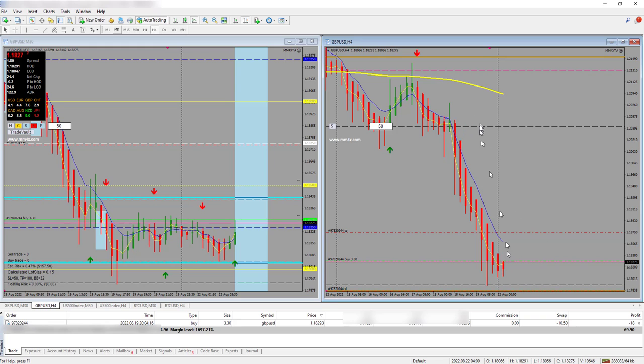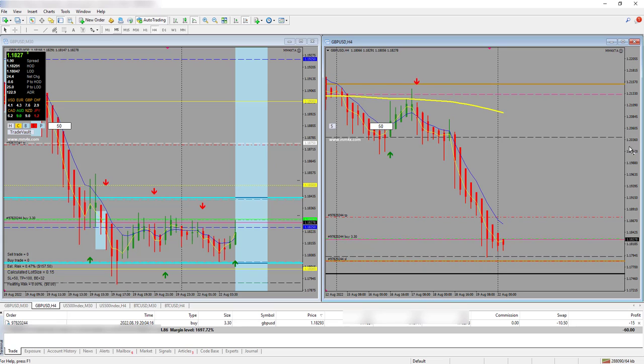So first and foremost, in order for price to continue to the downside, it needs to go below somewhere around 1.17945, that price level, right around here, okay?